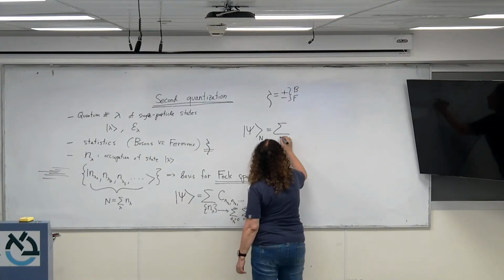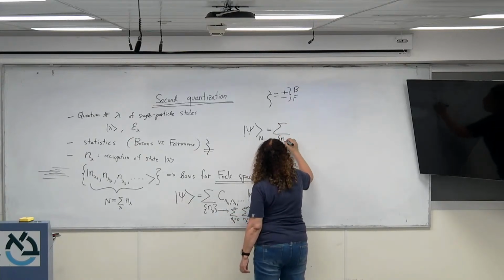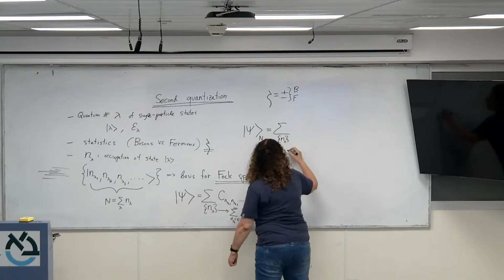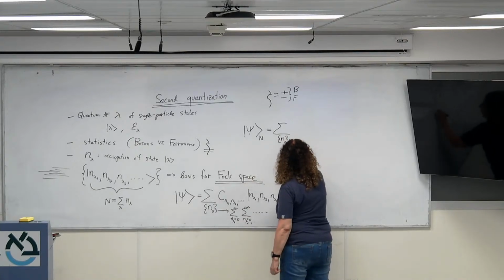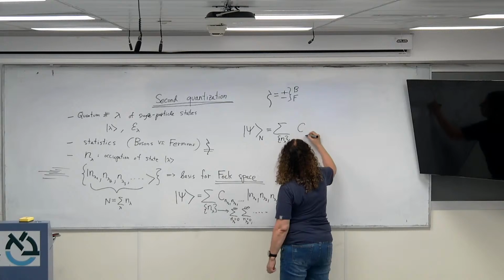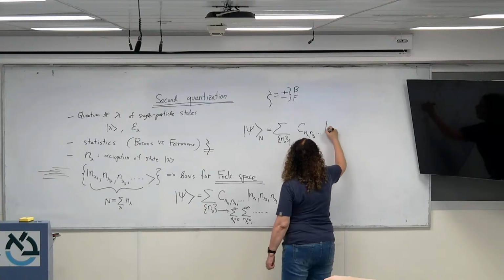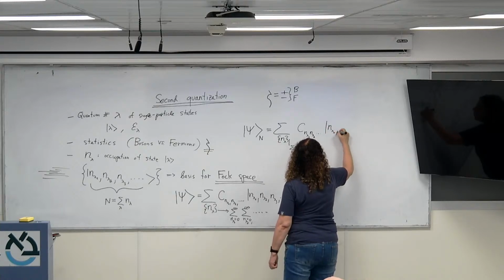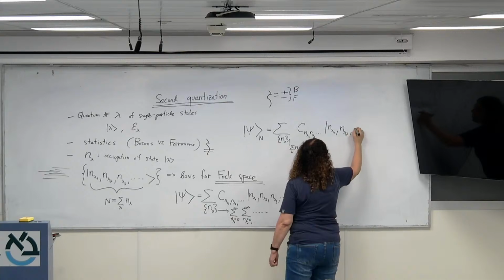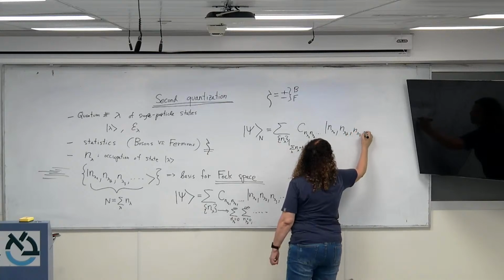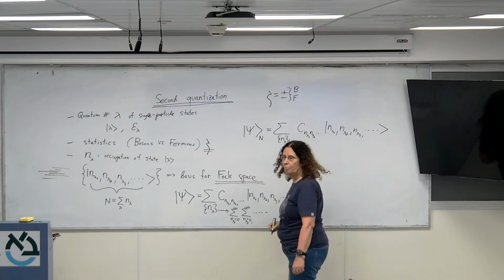So you can write something like this: I sum over all possible occupations, subject to the constraint that the sum over lambda of n lambda equals n. And then I have my coefficients times the state n lambda 1, n lambda 2, n lambda 3. Okay?